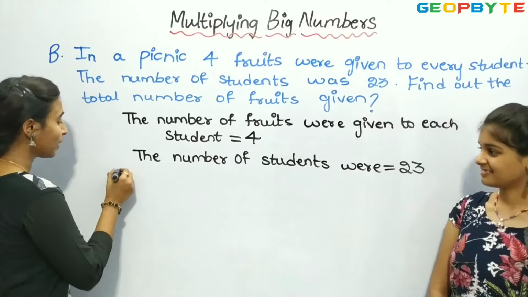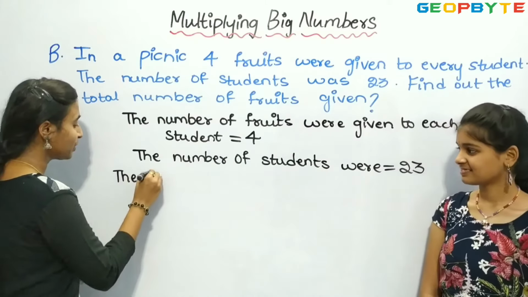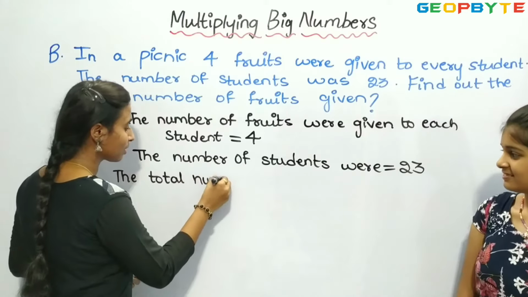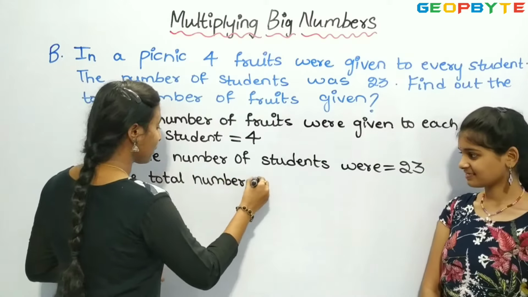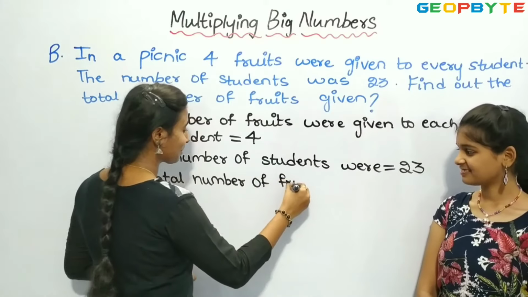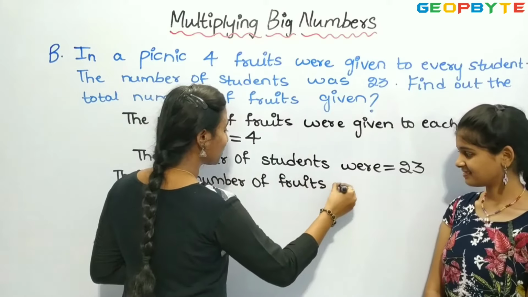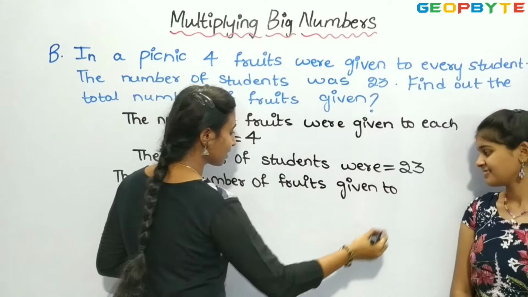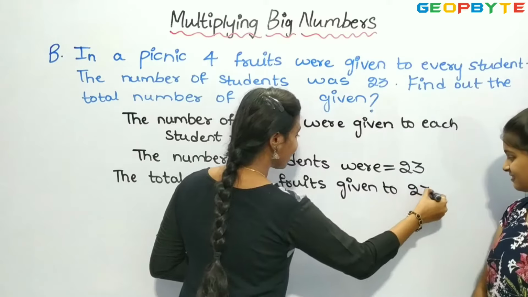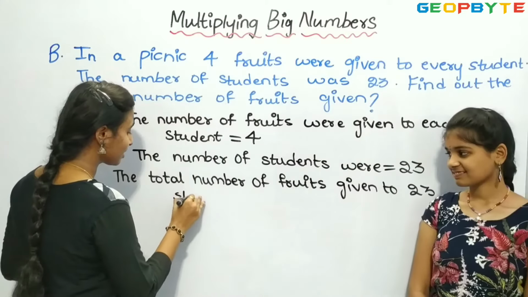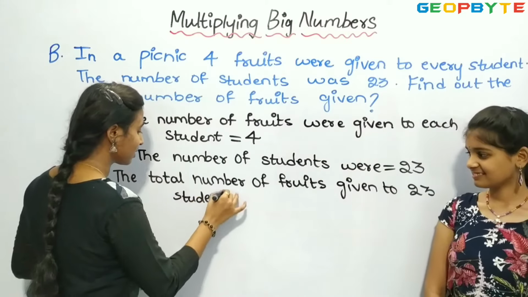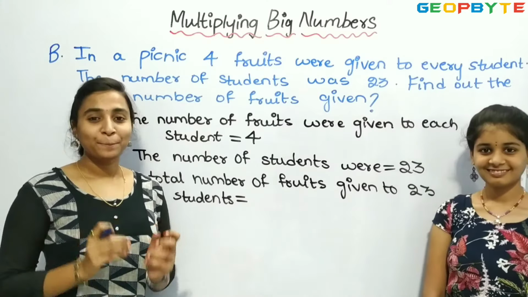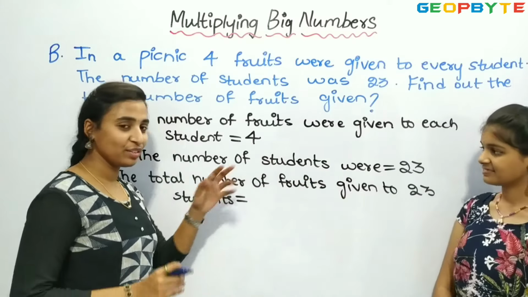right? So, the total number of fruits given to 23 students is equal to, we can find out by multiplying 23 and 4.